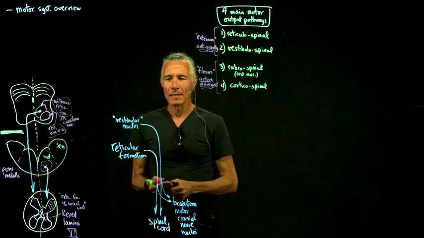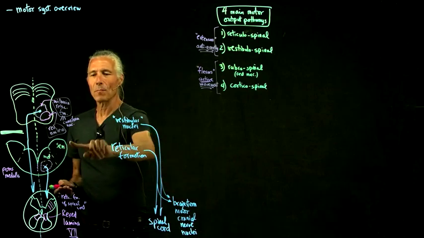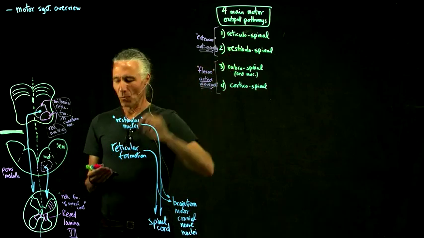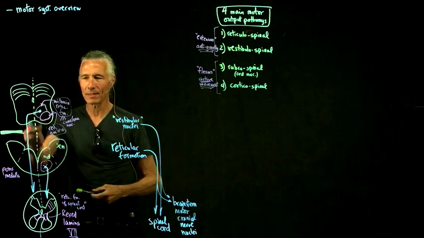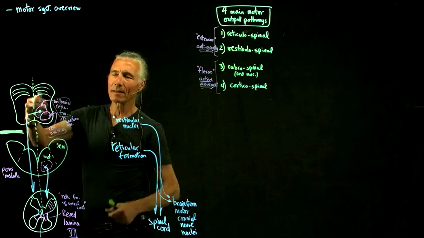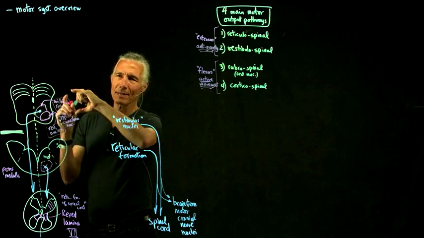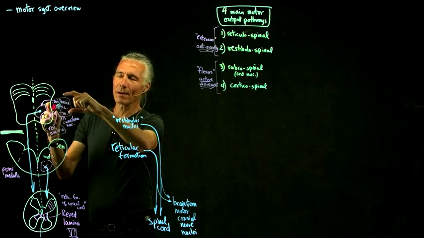So let's go back to the vestibular nuclei. Where are they? If we look at the brainstem from the top, the neural tube is extending in and out of the board here.